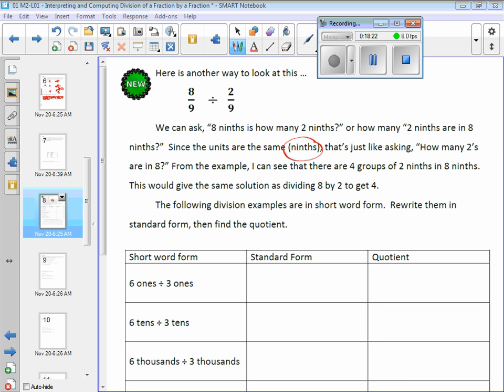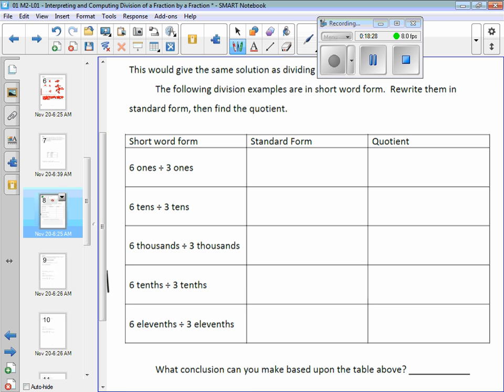6/1 is how much in standard form? These are in what's called short word form. 6/1 is what value? 6. Divided by 3/1. Think of place value. What's our answer? 2.